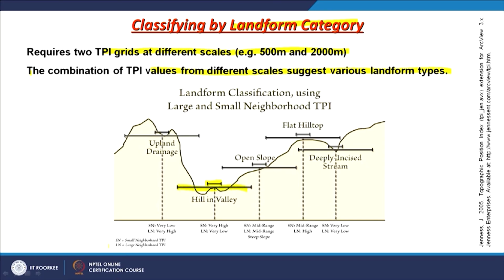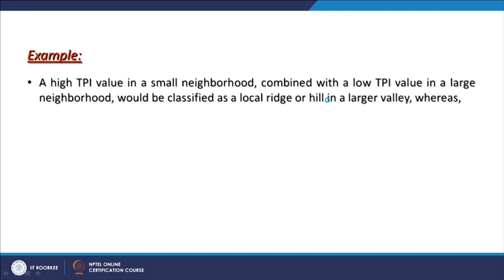Both are SN and LN, meaning small neighborhood (high resolution) and large neighborhood (low resolution), and then you get a very clear idea about what is happening. So by combining these two spatial resolutions, if possible, you can classify based on landform categories using the large and small neighborhood TPI. The classification can be done likewise.